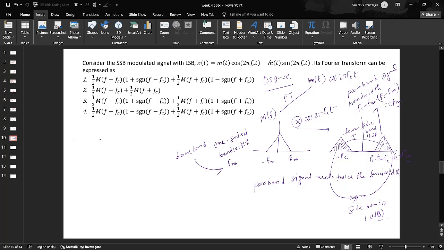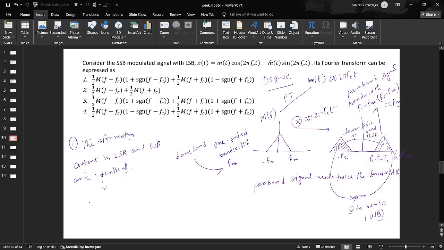So let me write it down here. The information content in the lower sideband and upper sideband are identical.